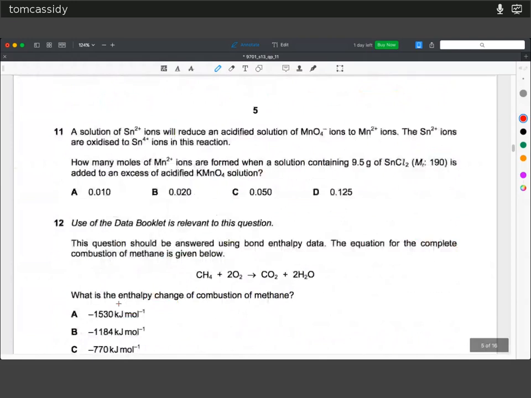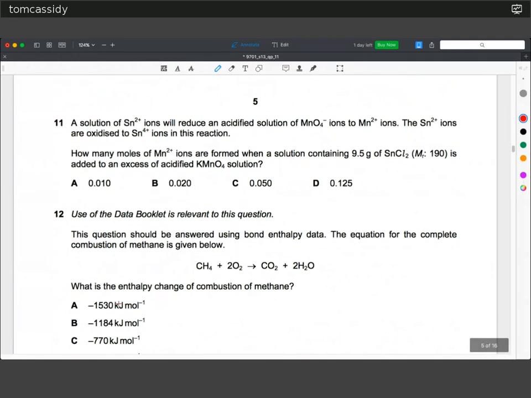Good. Question 11. Okay, you've got a reaction here of iron 2+ ions and these manganate ions over here. So just let me give myself a bit of space down here. What you've got to do is, the question is talking about oxidation, isn't it?